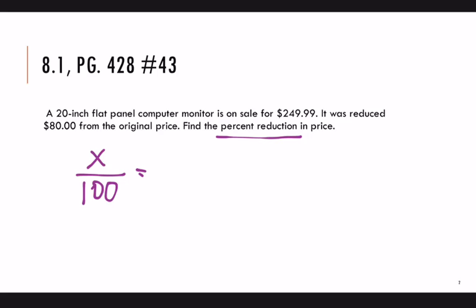And we do know the amount of the reduction, the dollar amount. The sale amount was $80. Okay, and what we don't know, though, is the original price. So these percent reductions or increases are always out of the original price. So we have to go back and find that.